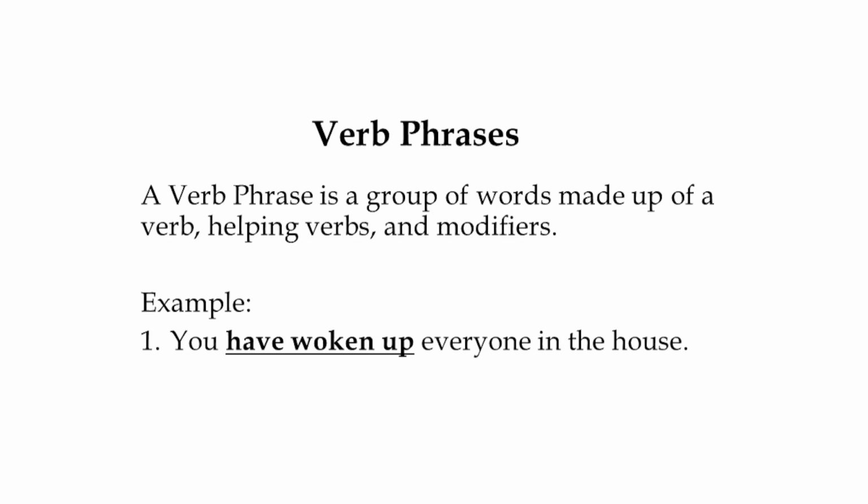Here, have woken up is a verb phrase, because here we have three words: have, woken, two verbs, and up with a preposition. So all these three words come together as a verb phrase.